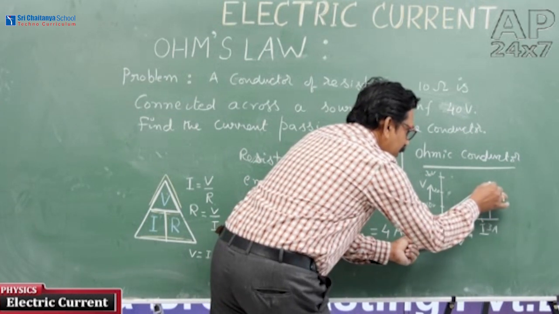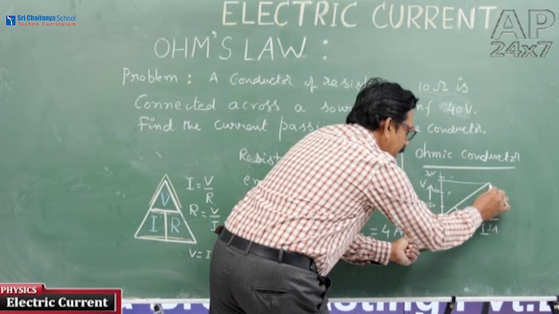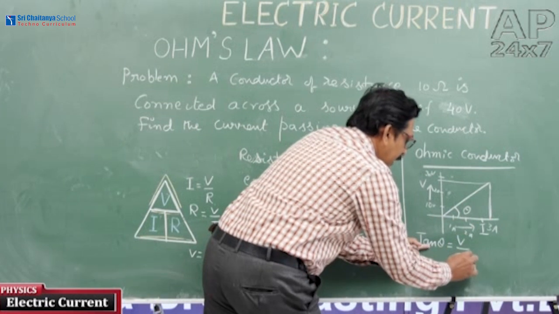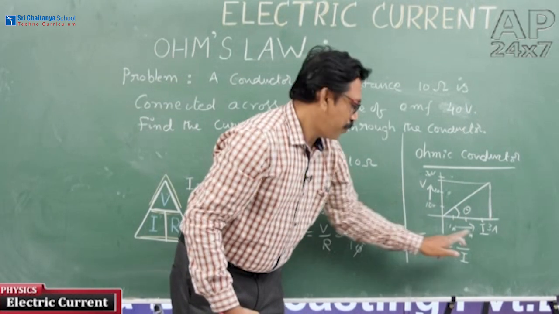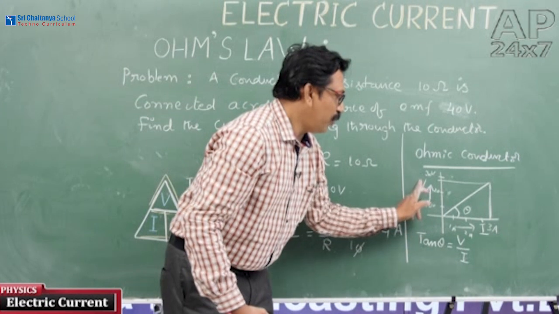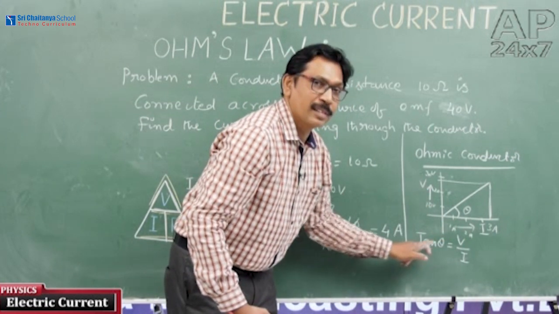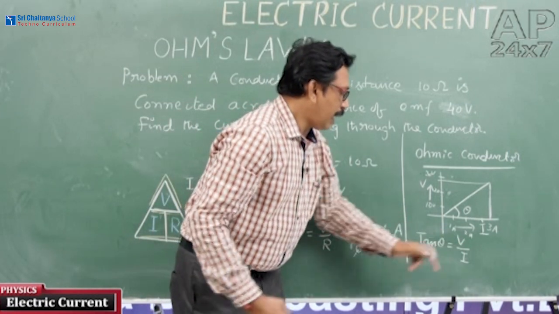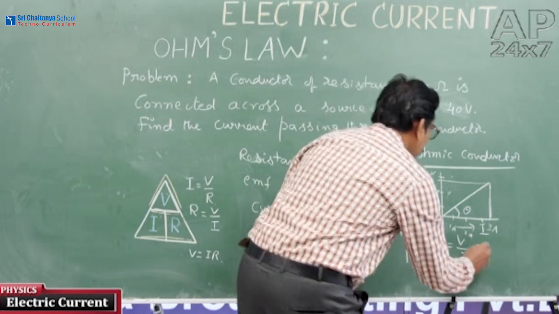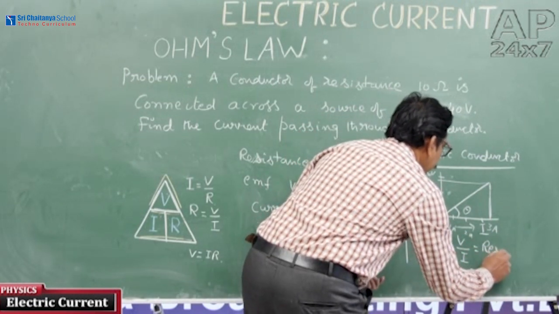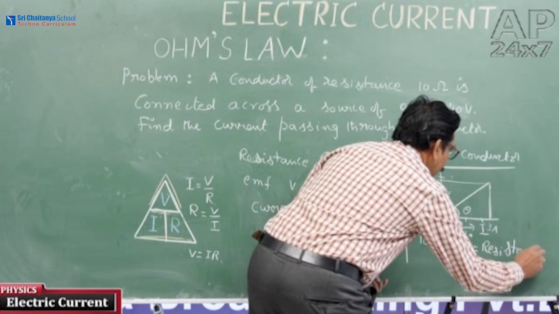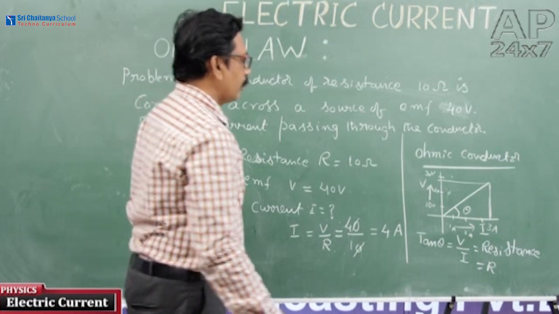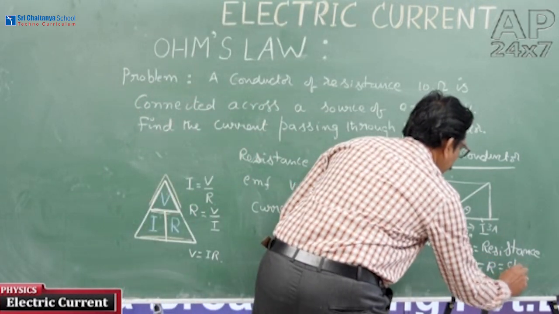And the adjacent side is exactly I. So what is the slope of the V-I graph? It is resistance. Tan theta is equal to V by I, which is equal to resistance R, that is equal to the slope.